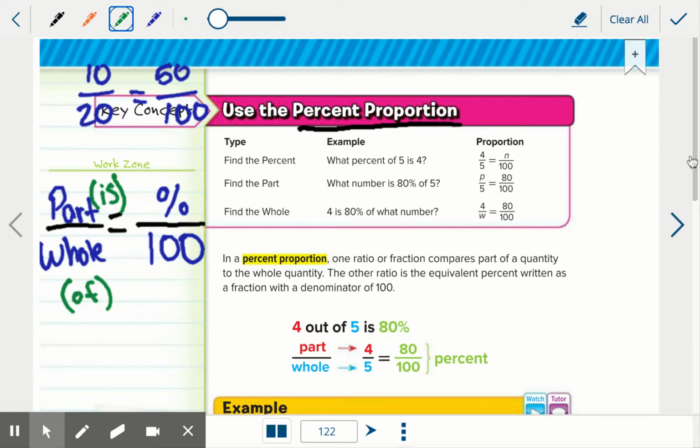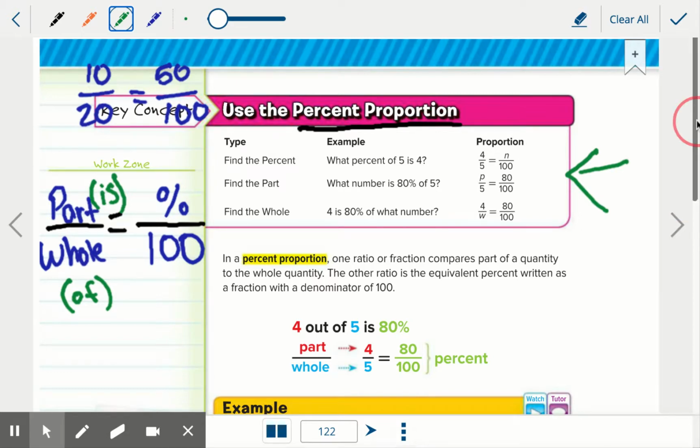That's where the of comes from. So right here, see these, the type. Find the percent, use this proportion. Find the part, use this proportion. Find the whole, use this proportion. This graph is super important, and we are going to refer back to it often.